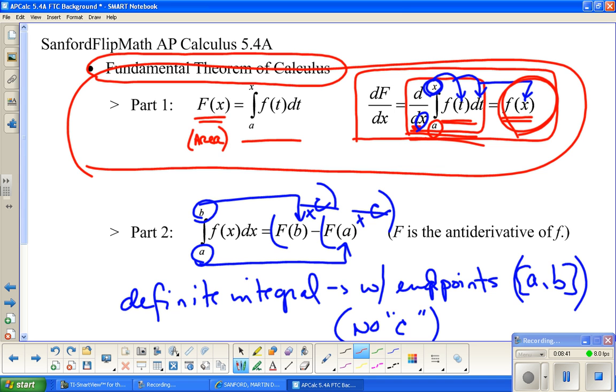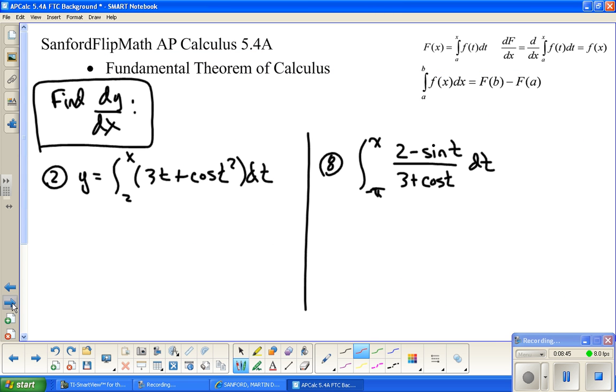It's kind of bizarre. I mean, to me, it's not expected. So in other words, this 2 has nothing to do with the answer. And basically, again, we're going to do the derivative, so dy dx. Notice this is x, cool. So we're doing the derivative with respect to x. This is just going to equal 3 times x plus cosine of x squared.